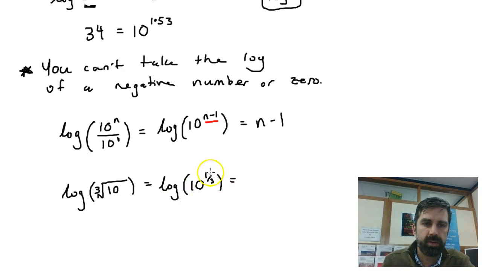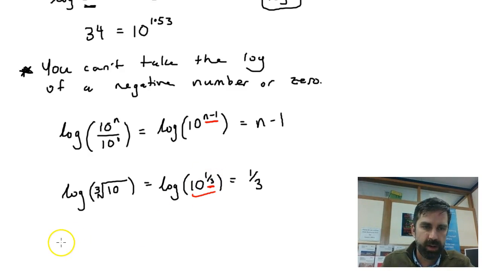So in this case, you can rewrite it like this, and the answer would be a third. Note that the answer isn't 10 to the power of a third. We have to take the log, which means that we're talking about the power that we're raising 10 to in order to get this value. And in this case, that's a third.